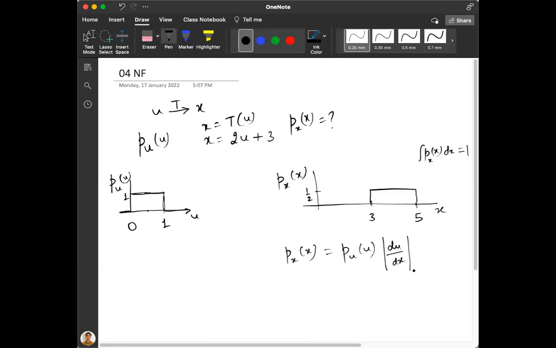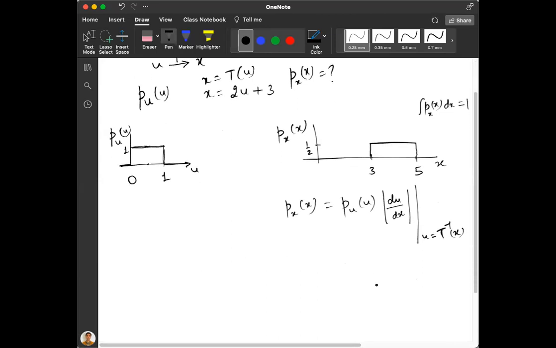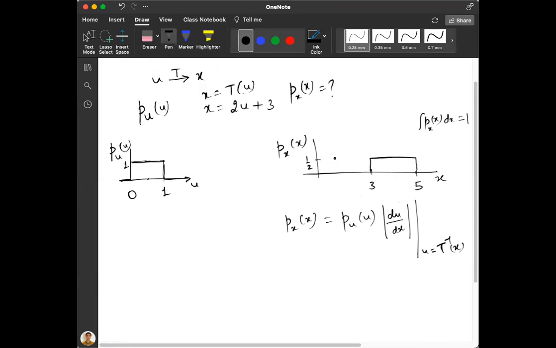You compute this for a particular u. You do not know u, you only know your x, let's say x is 2 or 3.5 or something. So you have to compute this whole thing at u equal to T inverse of x. What is my u?